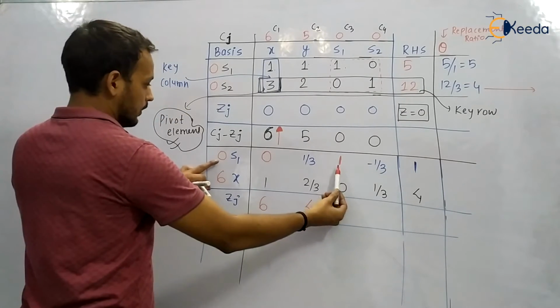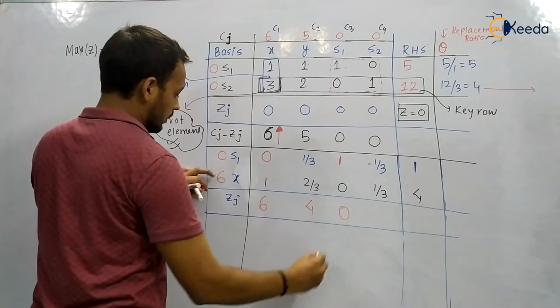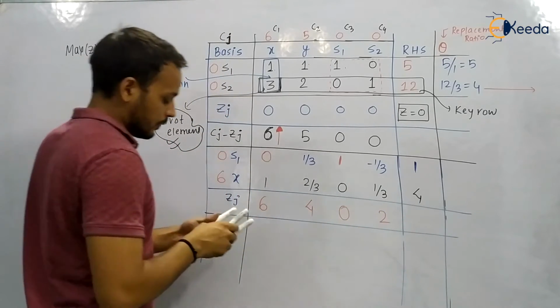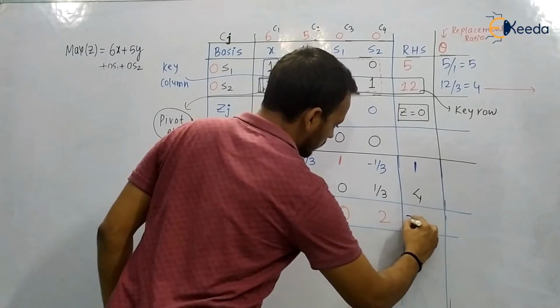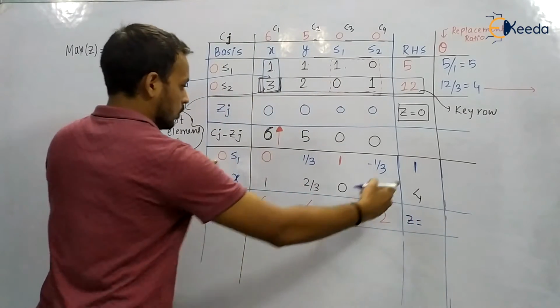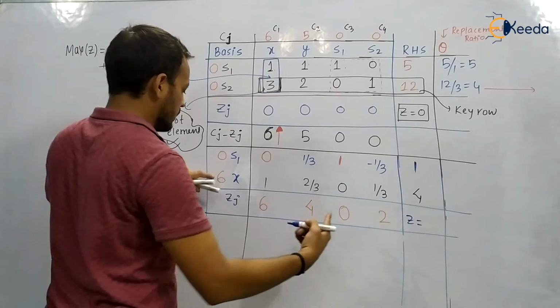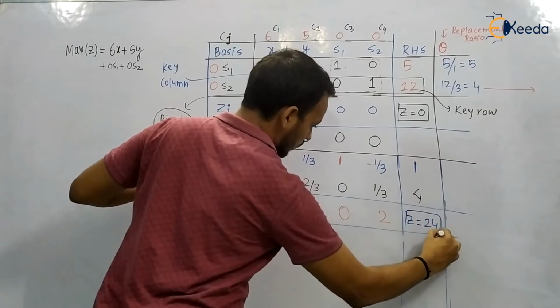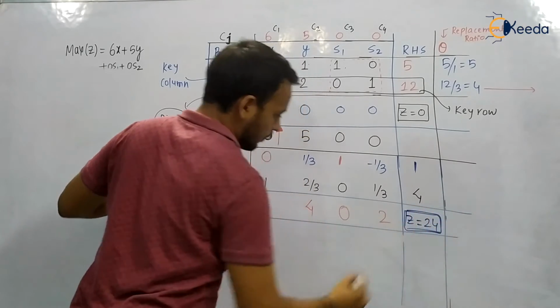Then this is going to be 0 and this is going to be 2. So we have just calculated the ZJ value. Here the Z value is going to be 0 into 1, which is 0, plus 6 into 4, you are going to get 24.